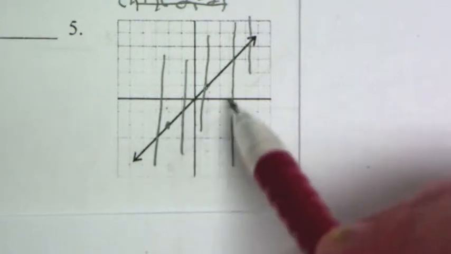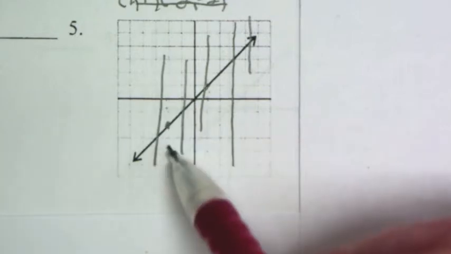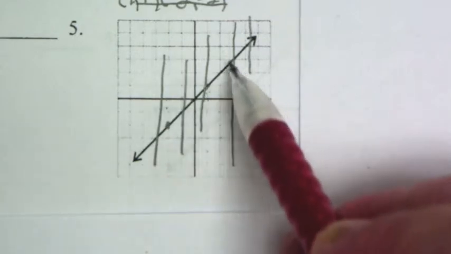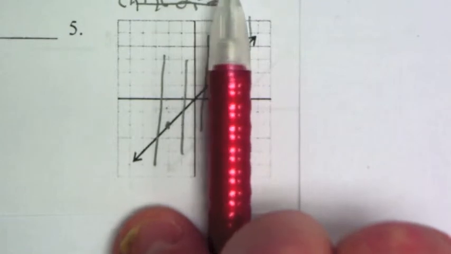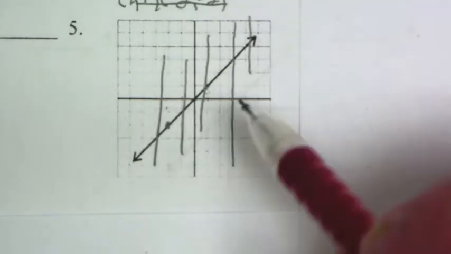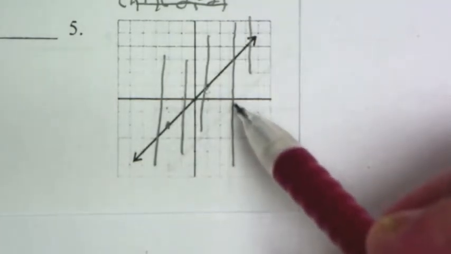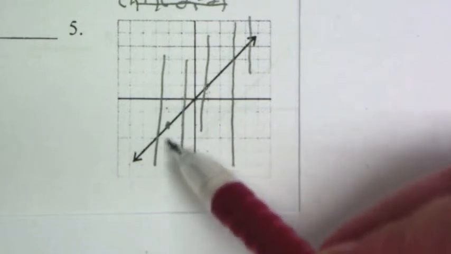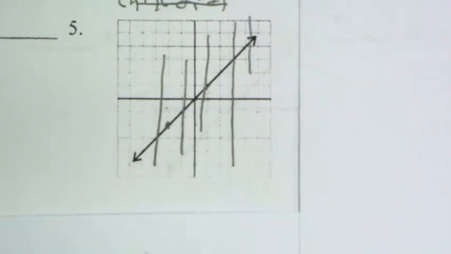This is a function, because no matter where I draw these vertical lines, it only intersects one time. Some people say you can just set your pencil on it like this and look through here, but to me, that pencil kind of covers half the graph. So what we're going to do is say vertical line here, here, no matter where I draw it, it only crosses one time. Therefore, that is a function.